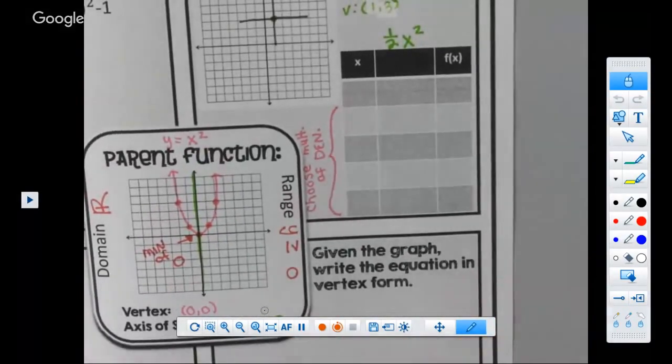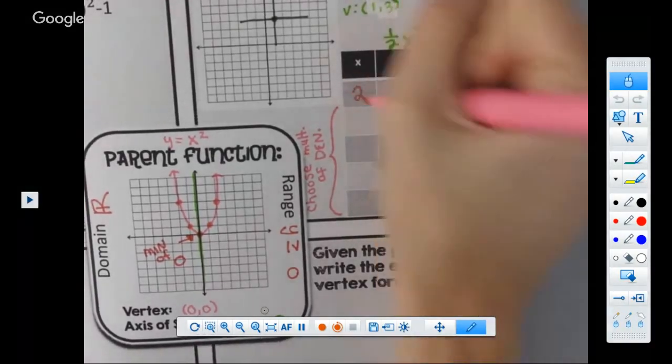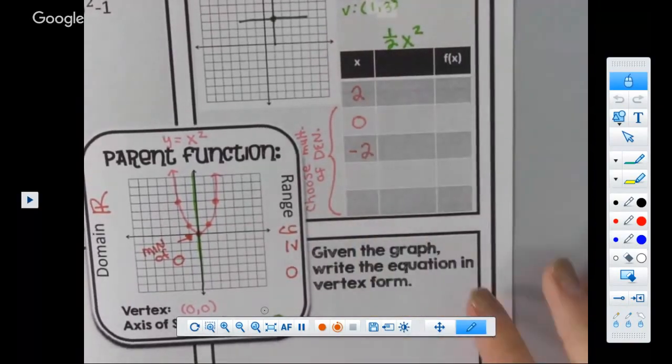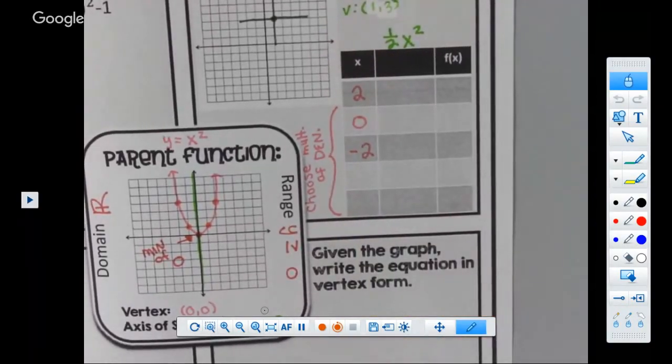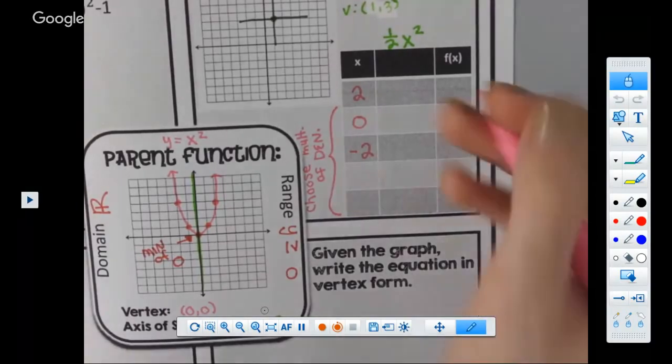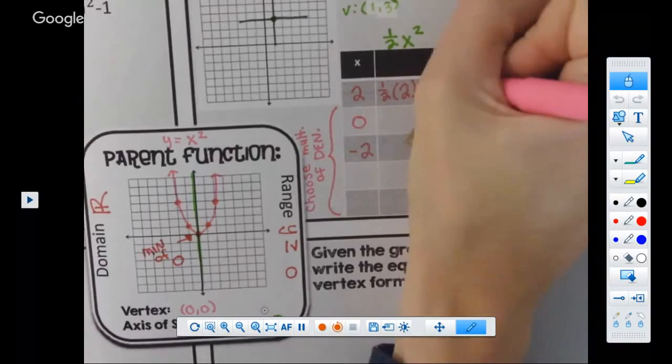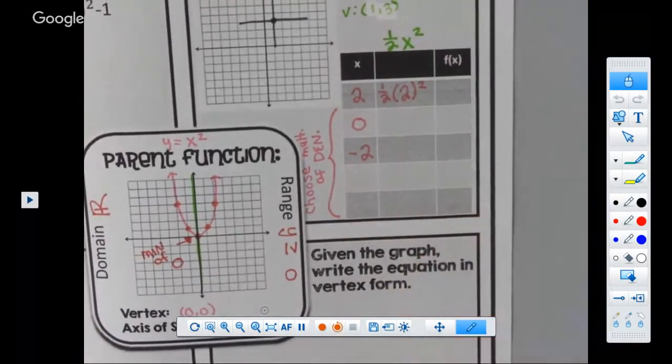2. So instead of plugging in 1 and -1, we plug in 2, 0, and -2. So we have 1/2 of 2 squared. So what's 2 times 2? 4. 4/2 is 2.